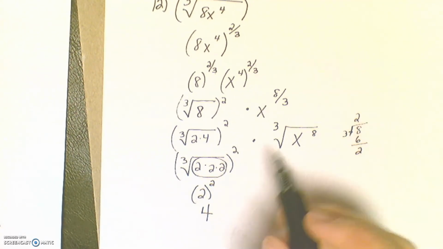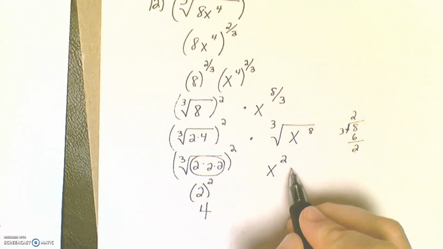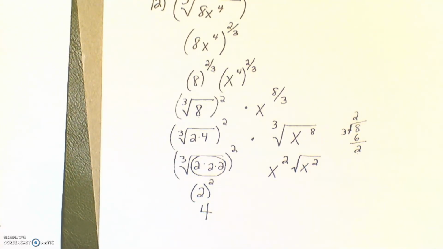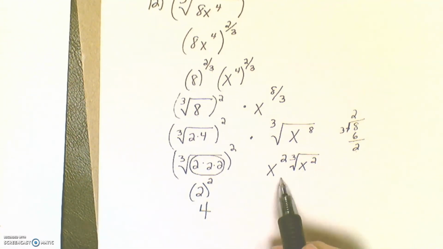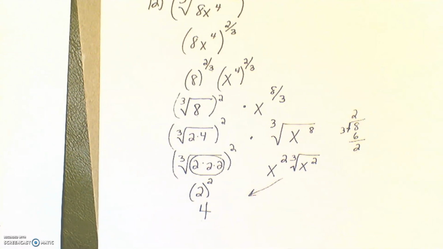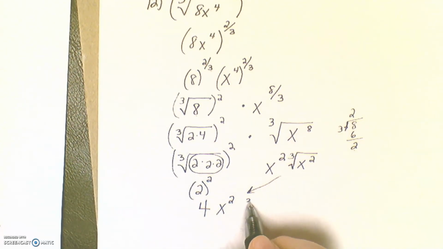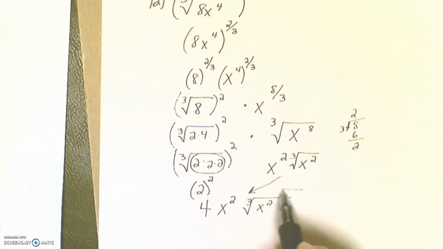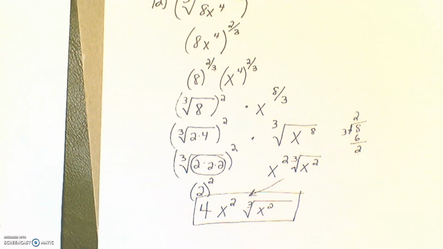So we bring out x squared, and we have x squared left inside, and the cube root. So if I bring this down, I already have 4 x squareds on the outside, the cube root of x squared. So 4 x squared times the cube root of x squared.